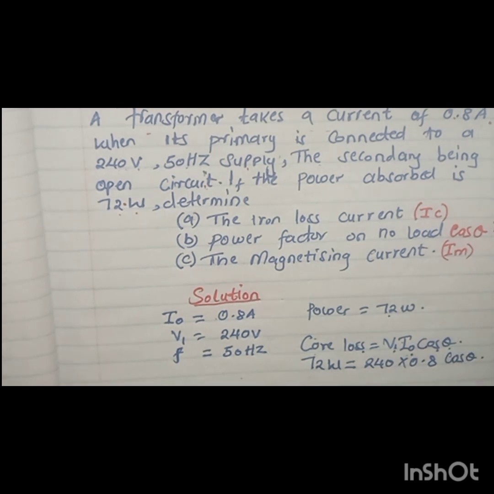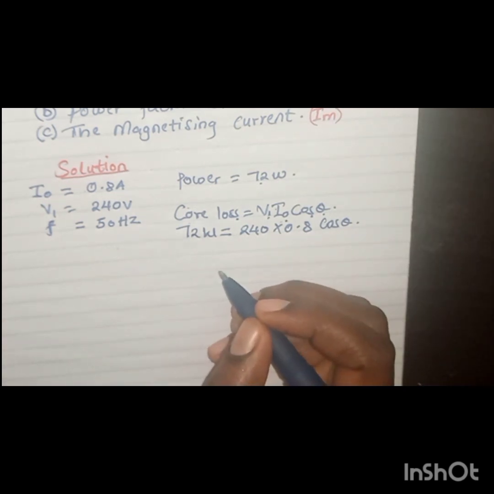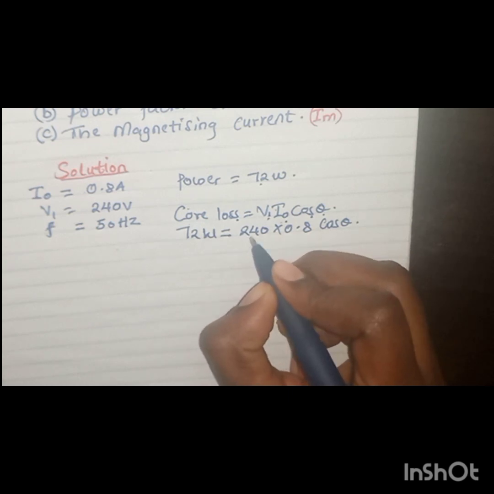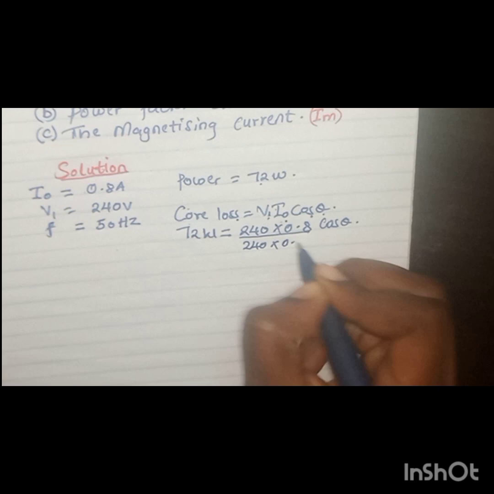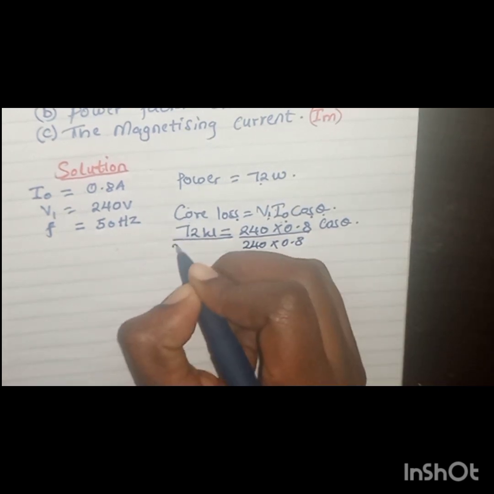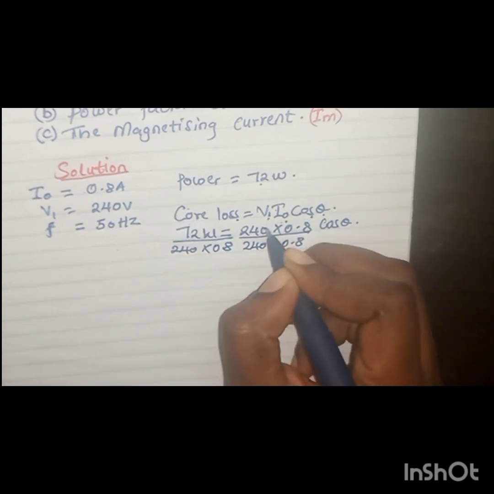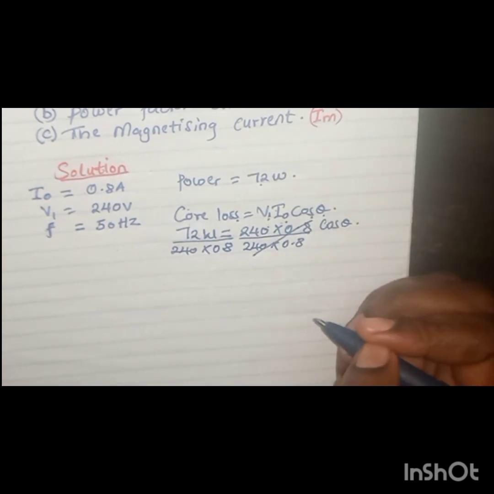Then we can make cos theta the subject of the formula. I will divide all through by 240 times 0.8, so that it becomes 1.